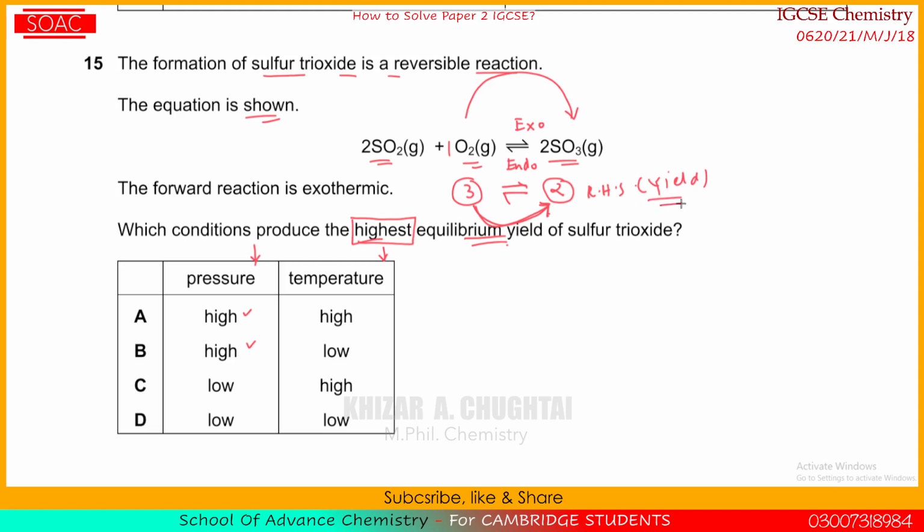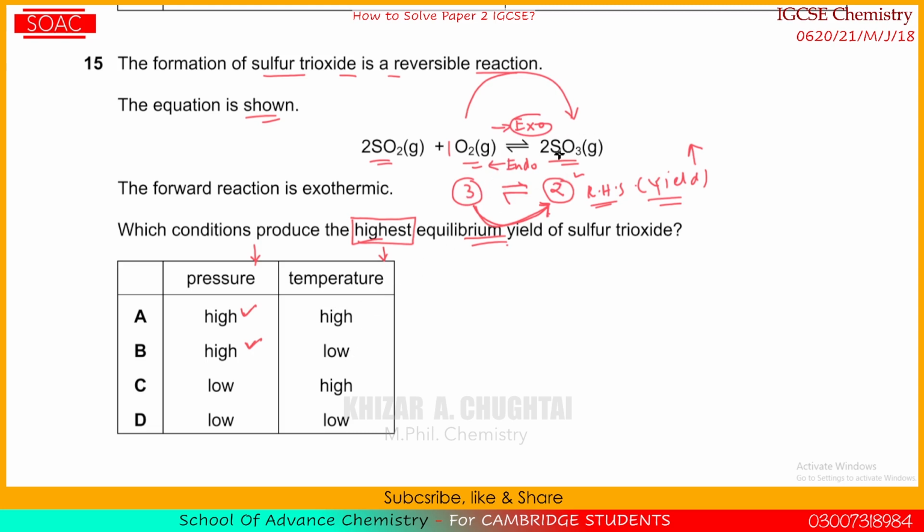So yield is going to increase if the equilibrium is shifting towards the right hand side. In this case, there are fewer moles on the right hand side, so increasing the pressure will shift the equilibrium towards the right hand side, and yield will be increased. In case of temperature, this is the exothermic side and this is the endothermic side.